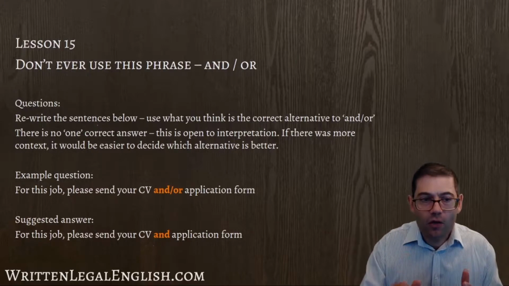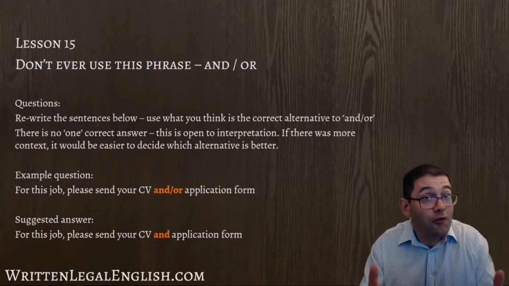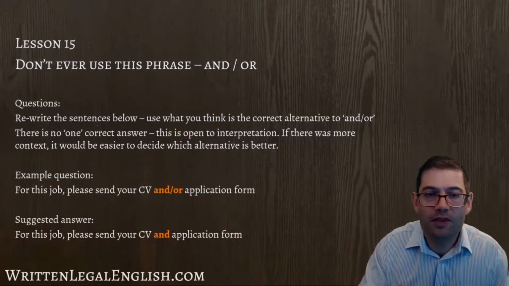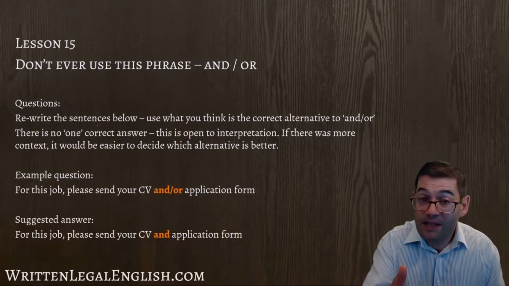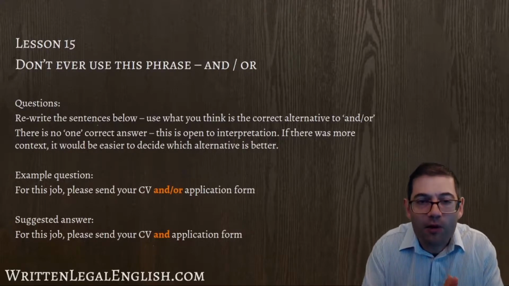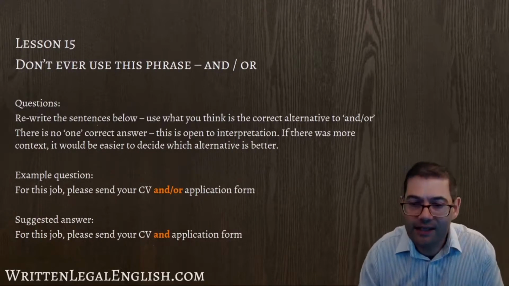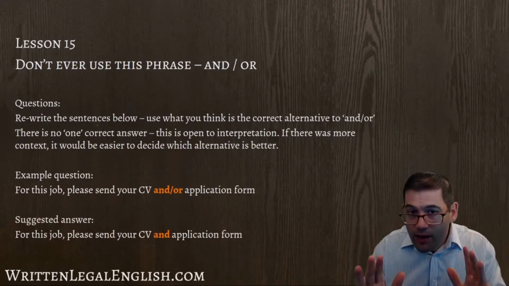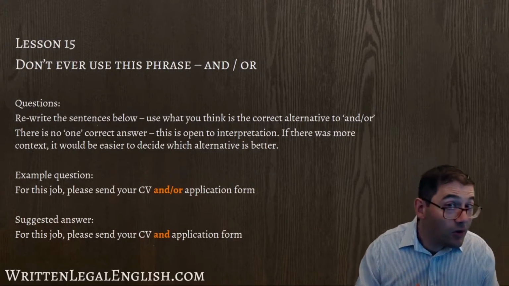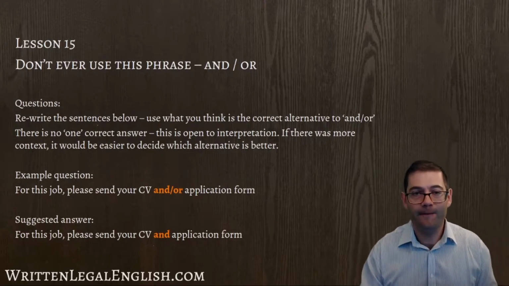There is no one correct answer, because this is open to interpretation. And when text is open to interpretation, particularly legal English text, this is a problem because it means I can understand one thing, you might understand a different thing. However, if there was more context, it would be easier to decide which alternative is better.